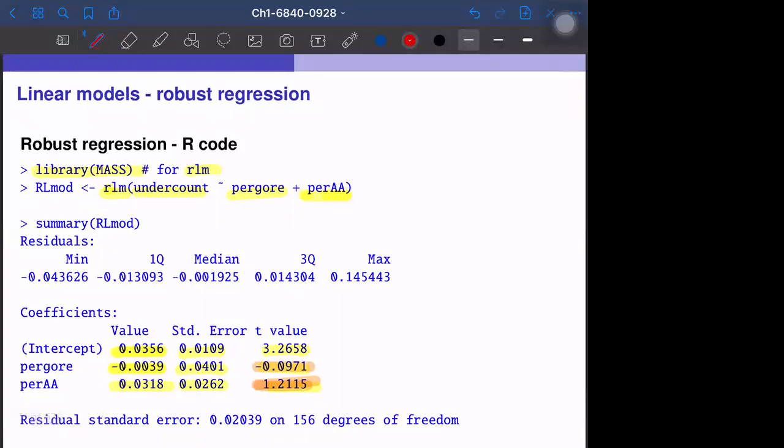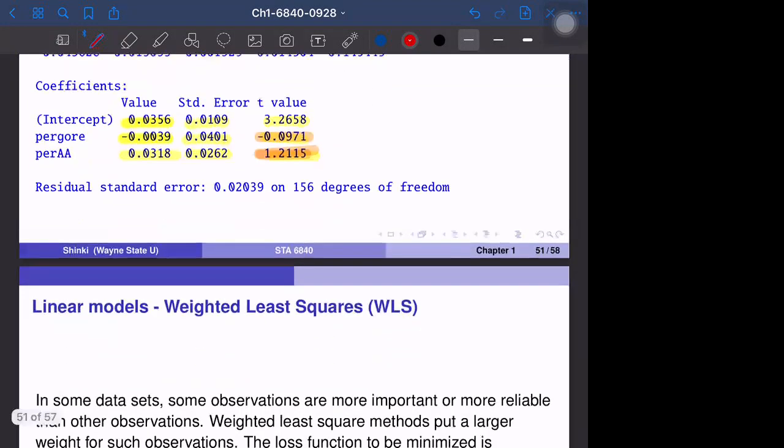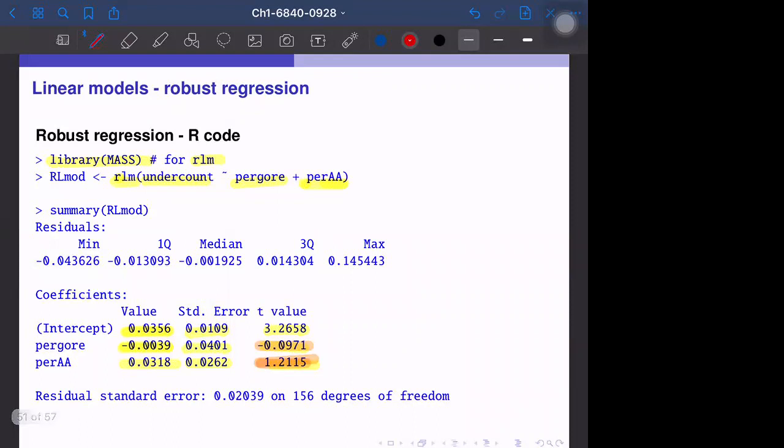But if only a few observations affect the result, the result is driven by just a few observations, so it can happen by chance. In that sense, robust regression maximizes the power to detect the truth from the data set. So this is how robust regression works.